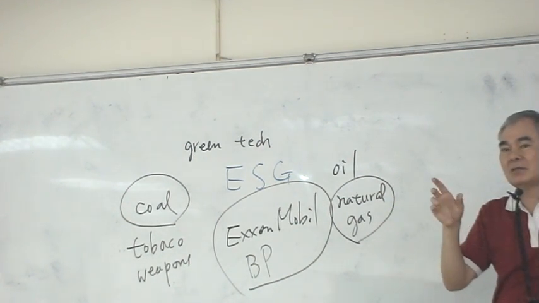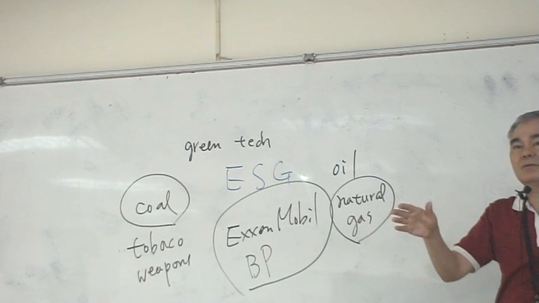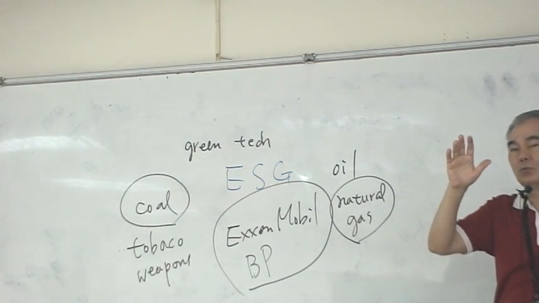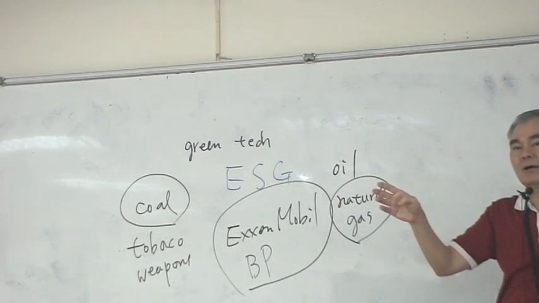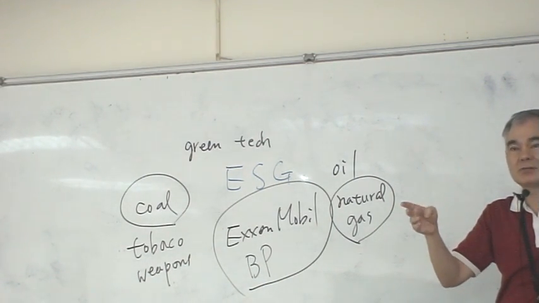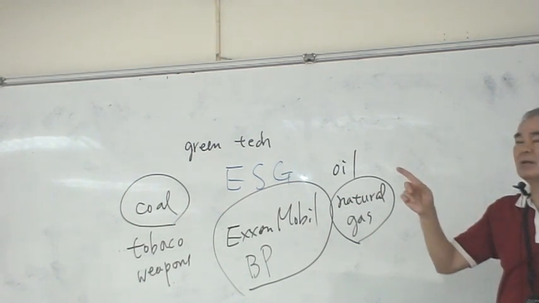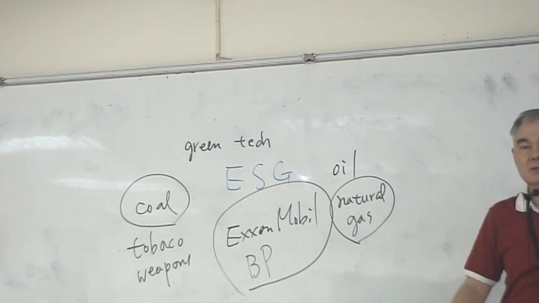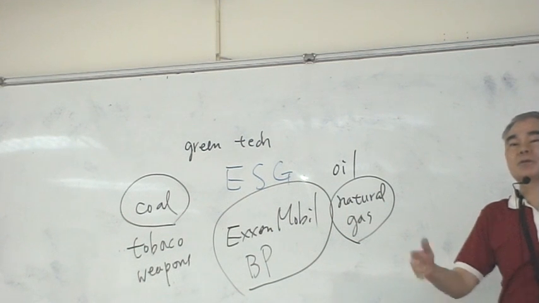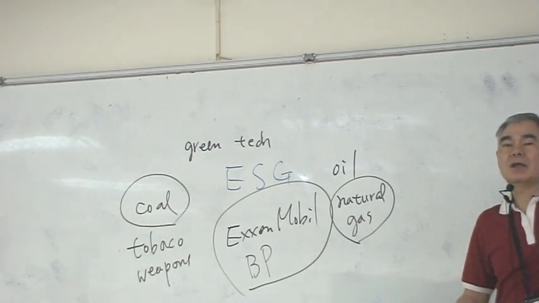If you look at what they call climate summit, the meeting for the world leaders to talk about how to deal with the environment, global warming, climate change, all these things, they forget one thing. If you don't have money, can you do that? No, okay?